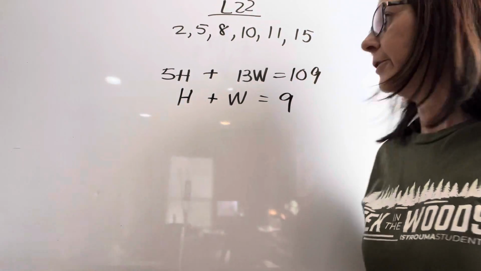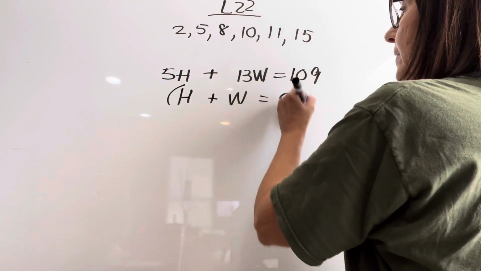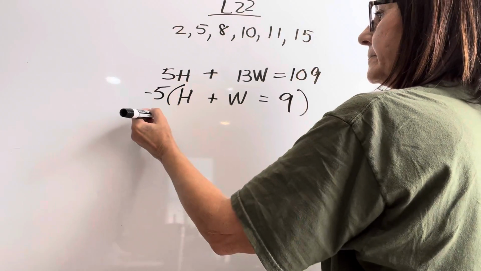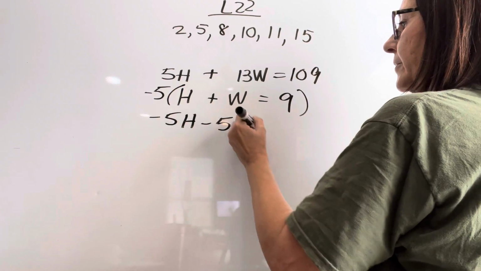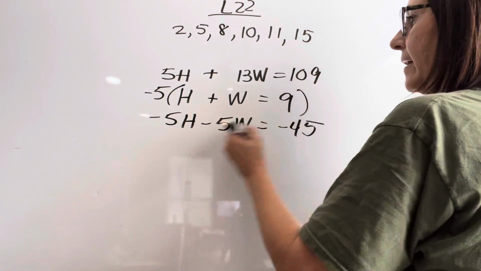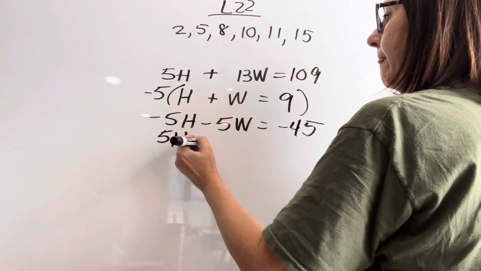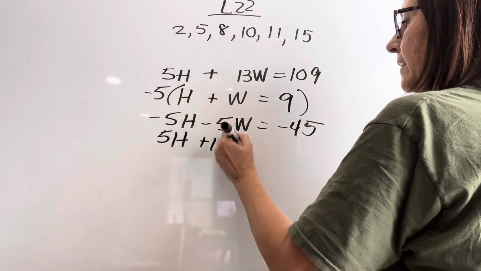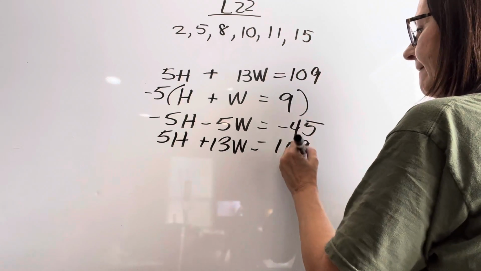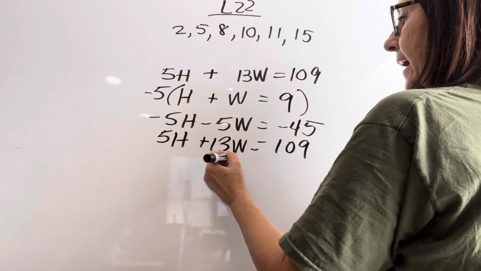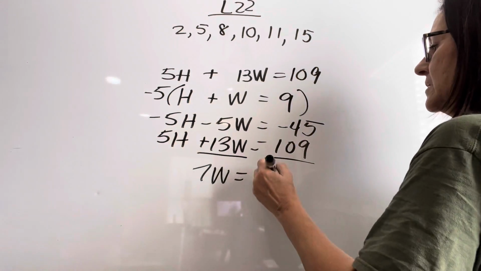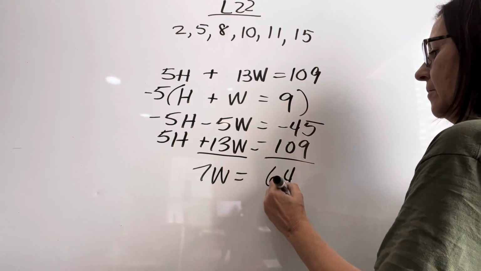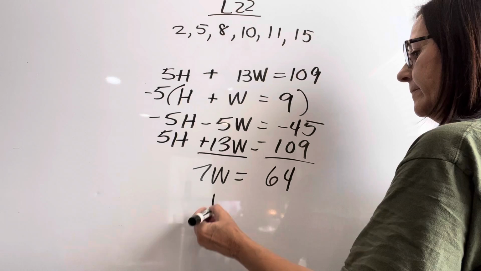You can use, I'm going to use elimination. I'm going to multiply this by -5. So I have -5H minus 5W equals -45. I'll rewrite the first formula. And I have 7 whortles equals 64.